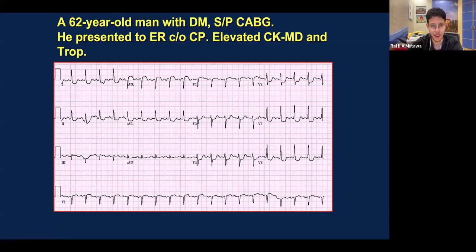Let's try this one. I think this one will be a little bit easier. I hope we haven't forgotten how to solve STEMI.